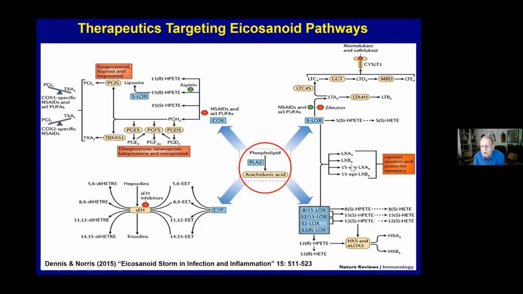And I want to draw your attention to some future developments where people are trying to now develop mimetics of lipoxins, resolvins, and protectins, which are icosanoid-like products that are related oxylipins that are believed to be anti-inflammatory or pro-resolving.